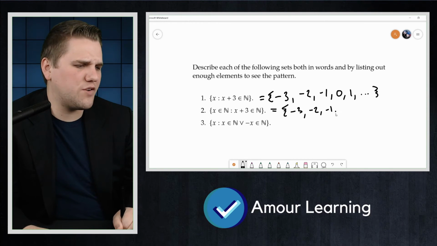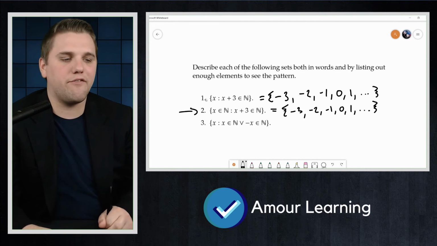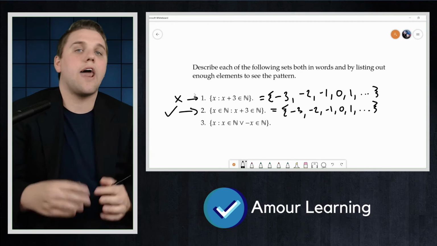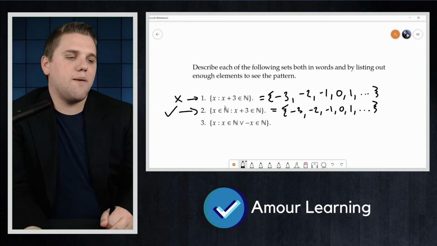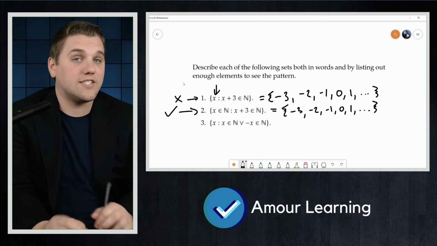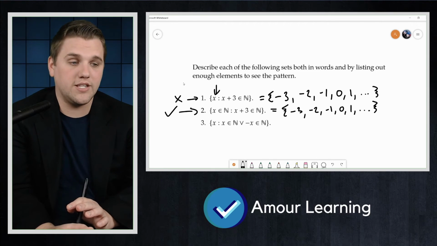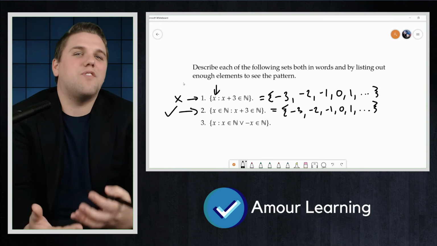Now, why do we have two different notations to describe the same thing? Well, personally, I like that version better than that version. This version to me is sloppy. I don't like it, but it's okay. Namely, whenever you write some information about what this x is before the colon, it's not the logical condition that you have to meet. It's the universe that you're working in. It's always good to give that universe.